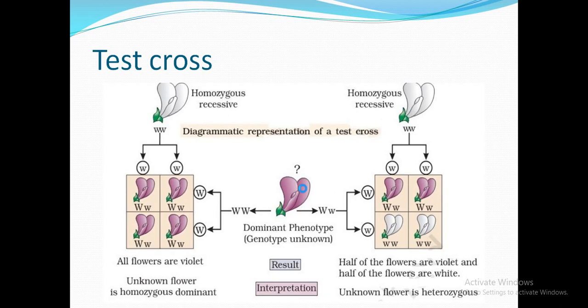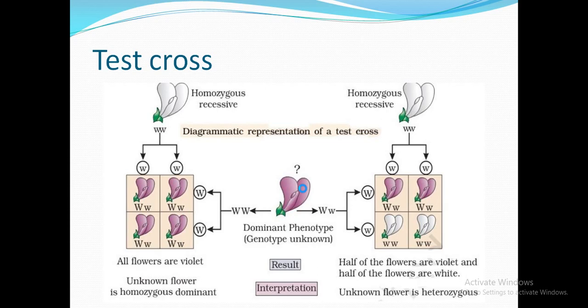Now, test cross. A test cross is a cross between F1 or F2 plants showing the dominant phenotype with the double recessive parent. So here an F1 or F2 plant with unknown genotype is crossed with the double recessive parent. It is done in order to determine the genotype of the plant showing the dominant phenotype.